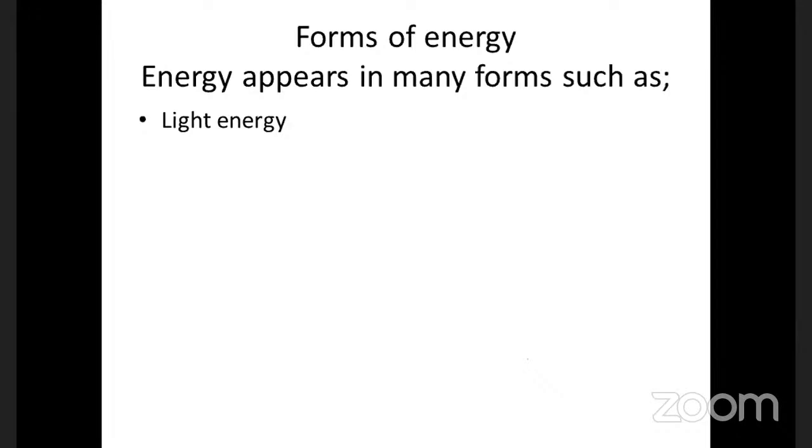Am I right? It is the form of energy that enables us to see. Why you are clearly able to see right now during the day is because you have sufficient energy in the form of light. It enables us to see.